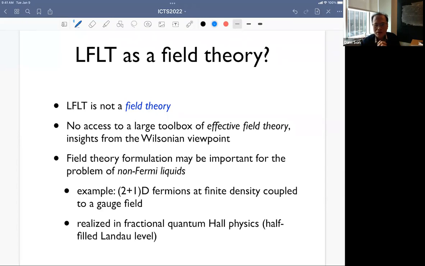At least at the level of two-point function, everything that one can measure in helium-3 seems to be described very well by Landau Fermi liquid theory.